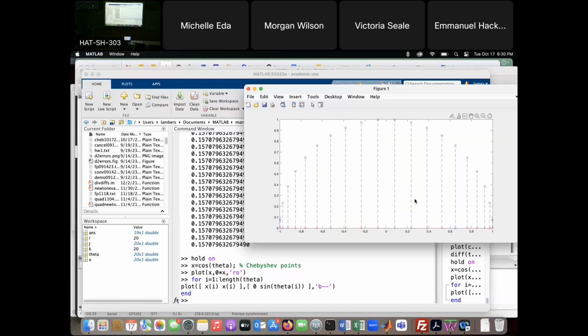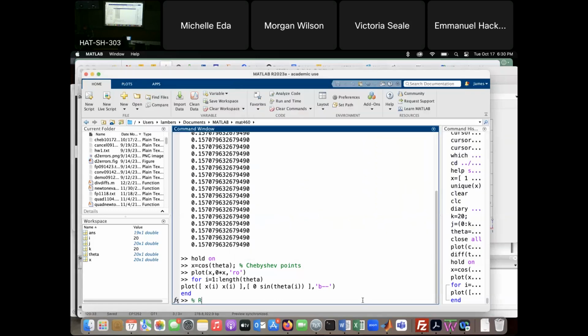So now I'm going to show Runge's example. I just want to show you using both equally spaced and Chebyshev points.